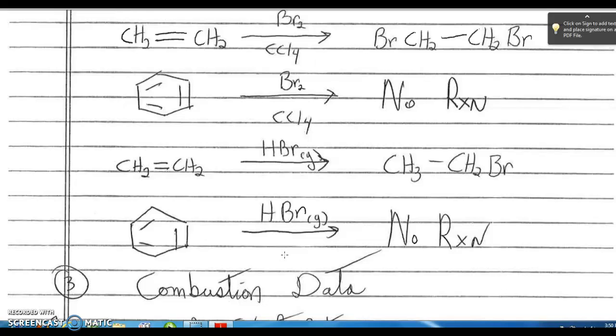In fact, one of the classic tests for benzene was that it would burn with a very smoky flame, which indicates incomplete combustion, which indicates the heat of combustion is not very high. Benzene burns, but stubbornly, but it does burn.